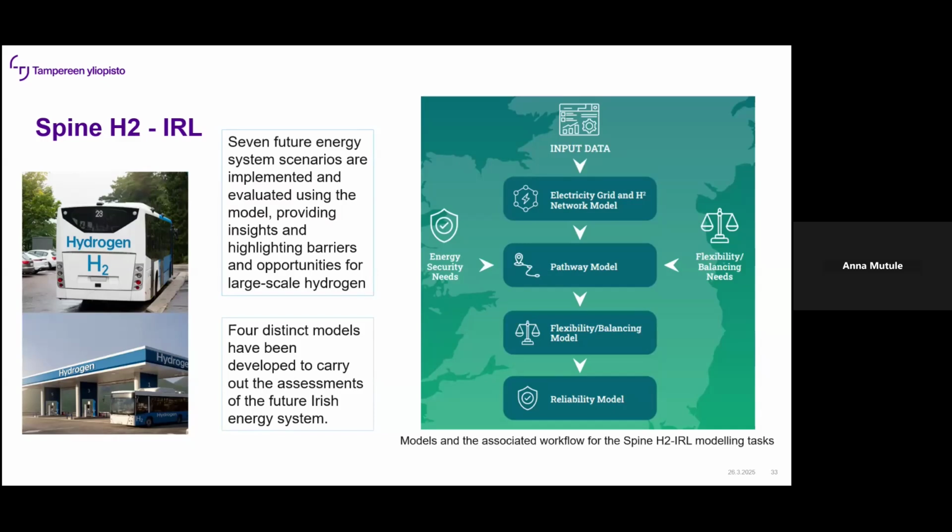In SPINE Hydrogen Ireland, we explore how hydrogen can contribute to the deep decarbonization of Ireland's energy system, also addressing critical issues, for instance, security of supply. 7 future energy scenarios are evaluated using 4 interconnected models.